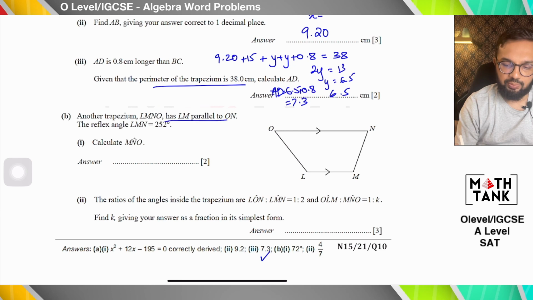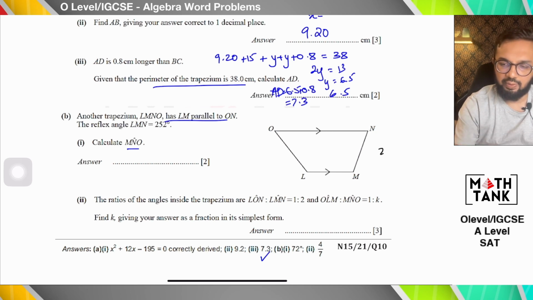Then it says another trapezium has LM parallel to ON. The reflex angle LMN is 252. This doesn't look like an algebra question, but I'm just going to go on and solve it. Remember that angles between parallel lines are supplementary. It's the reflex angle, not the obtuse angle.